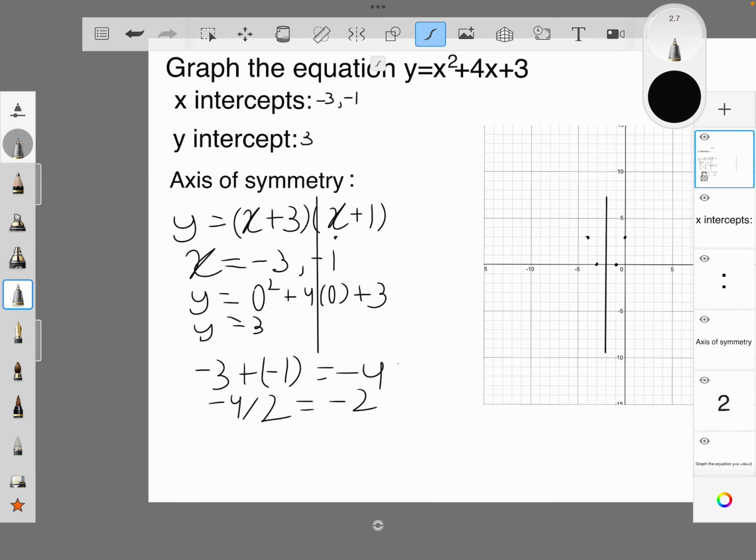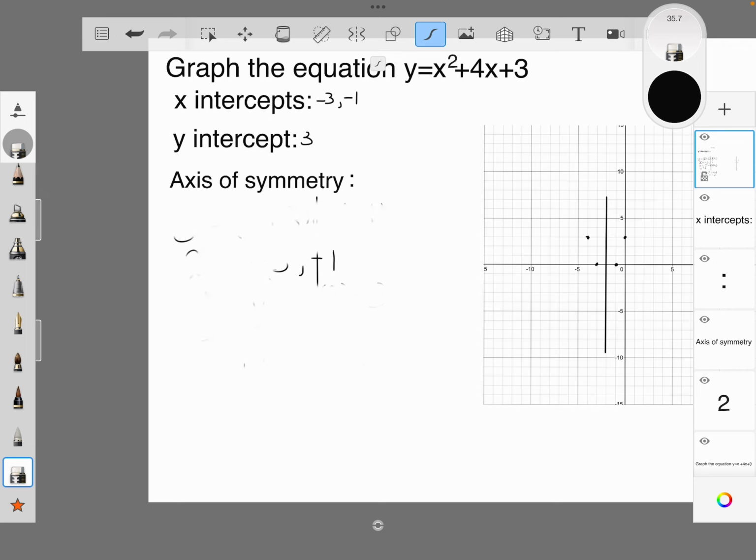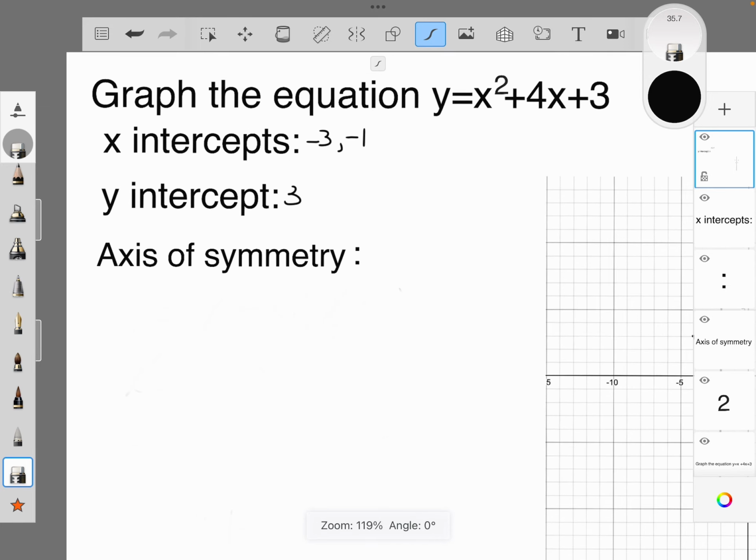Okay, to find out how we get the vertex of a parabola, we need to use a special formula, and that formula is negative b over 2a. So for negative b over 2a, all we have to do is just plug it into the equation.